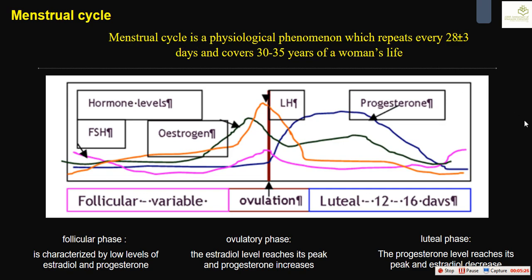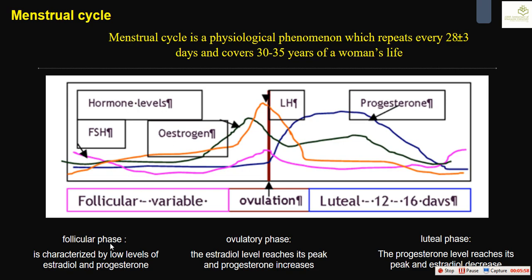The menstrual cycle is a physiological phenomenon which repeats every month and covers a total of 30 to 35 years of a woman's life. Researchers categorize one menstrual cycle into 3 phases.